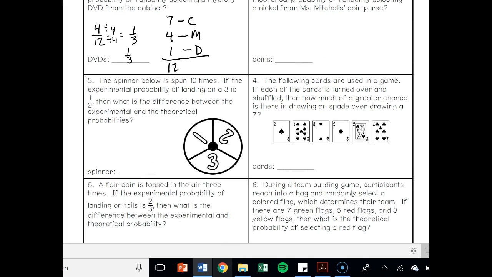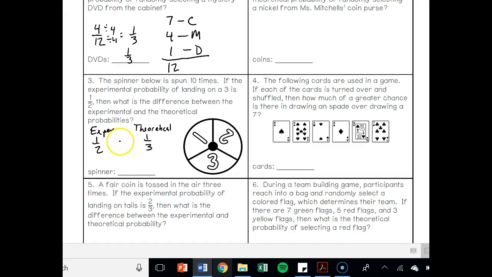Number 3. The spinner below is spun 10 times. If the experimental probability of landing on a 3 is 1/2, then what is the difference between the experimental and the theoretical? So the experimental was 1/2, the theoretical should be 1/3 because it's divided into thirds.